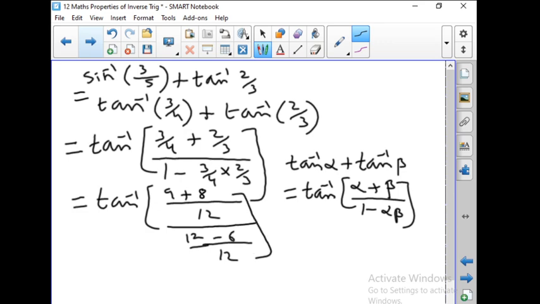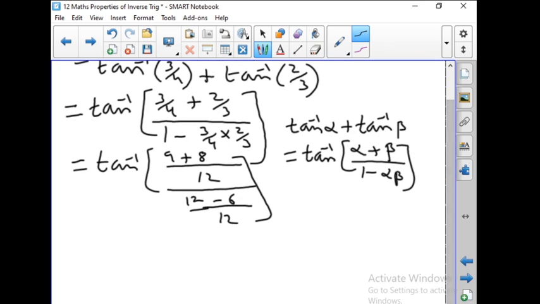The 12 gets cancelled, so we get tan inverse of 17 by 6.